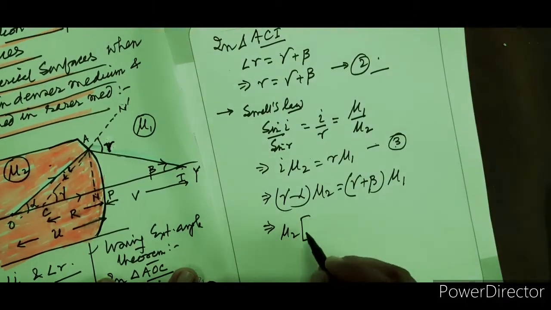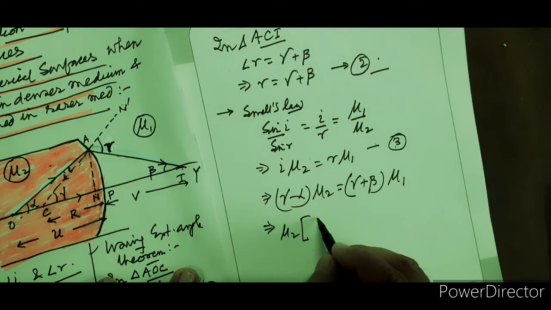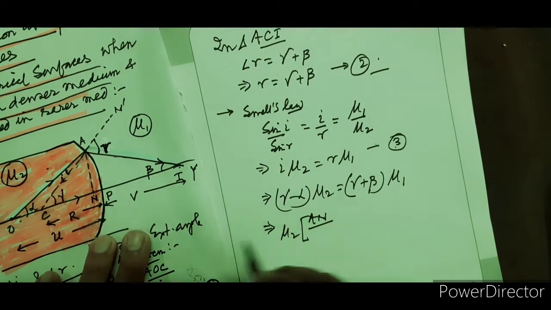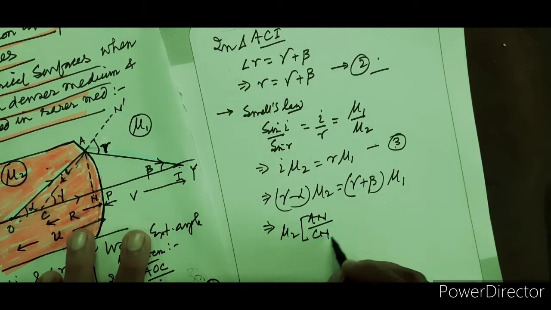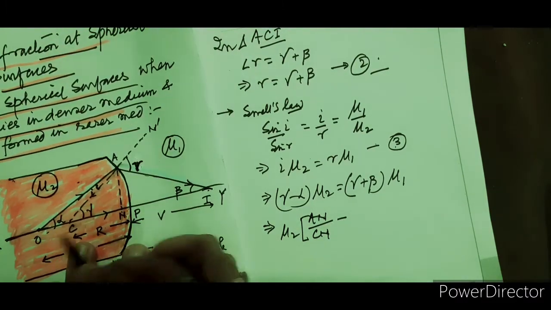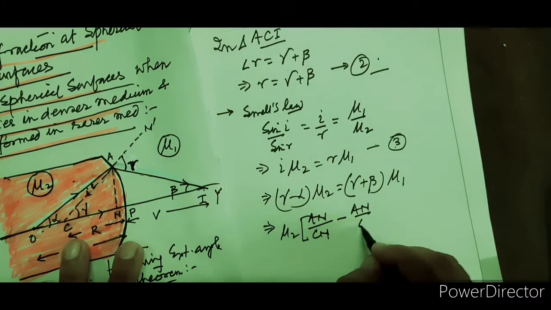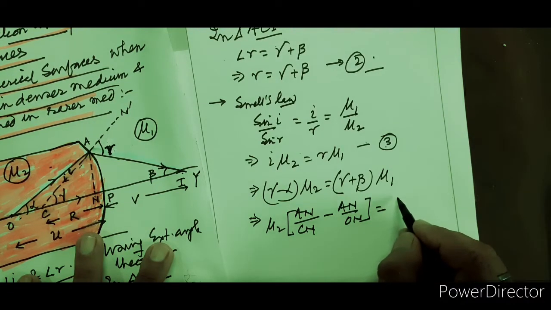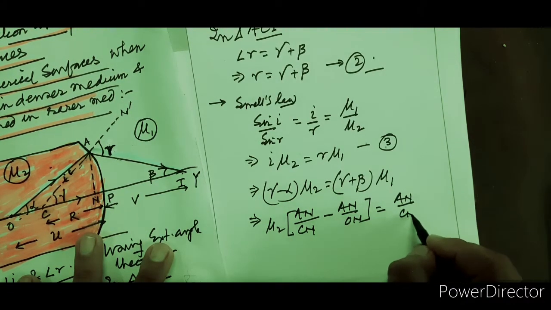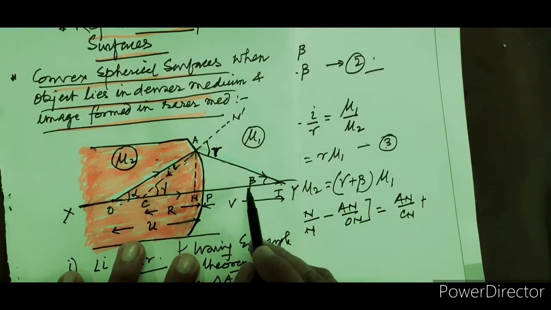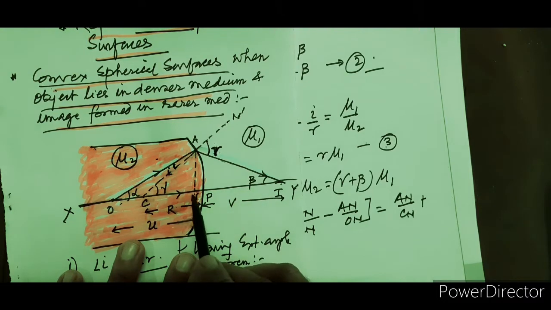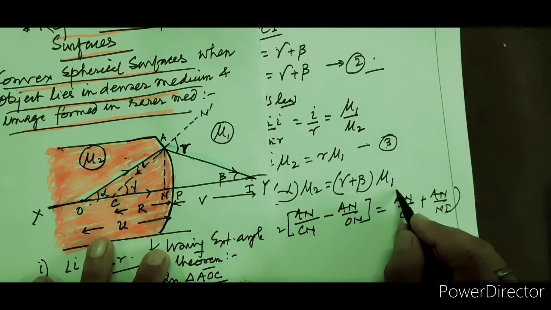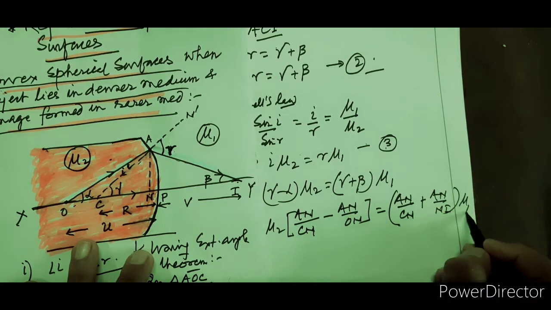So here, in place of gamma, AN by CN minus alpha, AN by ON, is equal to gamma, AN by CN, plus beta, which is AN by NI, into mu1.